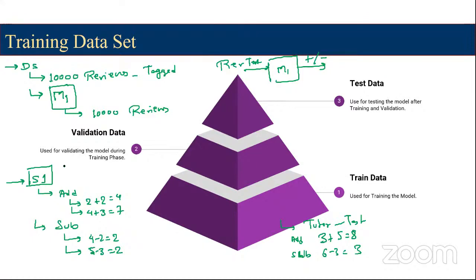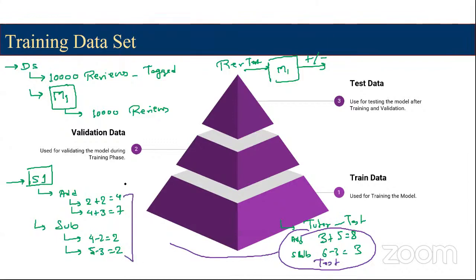So what we are doing here is, let's assume this S1 is our model, and here we are trying to evaluate that model before we say that, okay, now you understand the concept of addition or subtraction. How have we evaluated here? We have evaluated using these two examples. Now if you try to compare these two examples, let's call this the test data set, and let's call these examples the train data set, right?